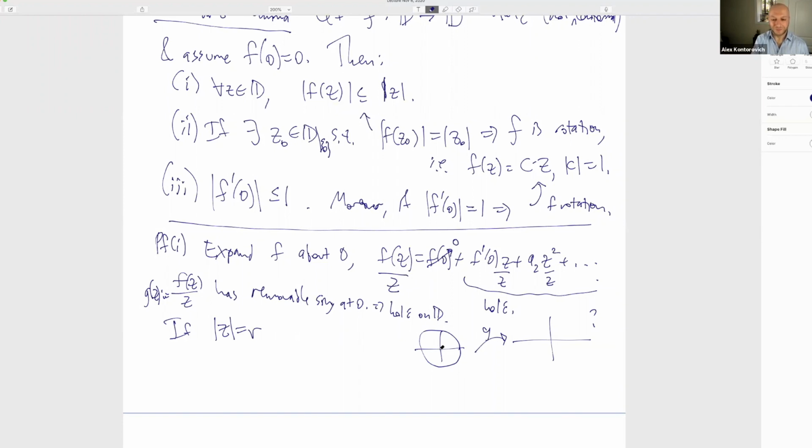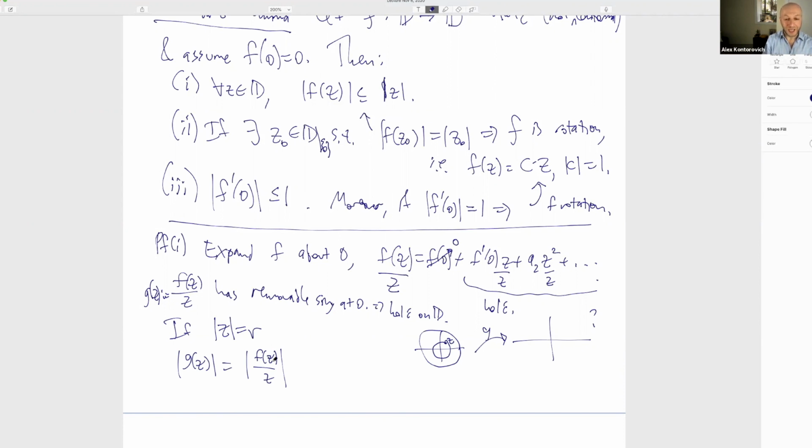If z has absolute value r, so here's z, what can I say about g of z in absolute value? Well, this is f of z over z.